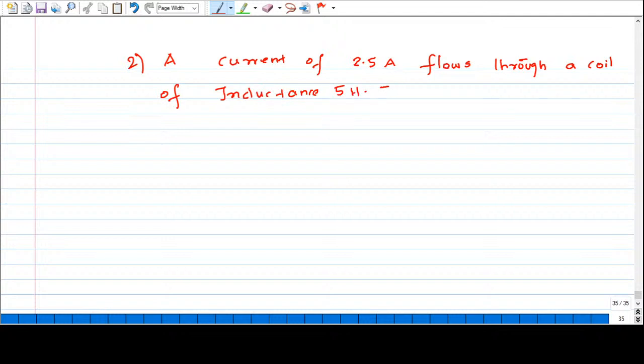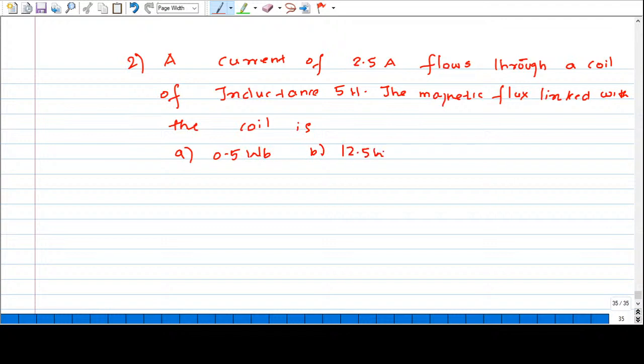The magnetic flux linked with the coil is: option A, 0.5 Weber; option B, 12.5 Weber; option C, 0; option D, 2 Weber.